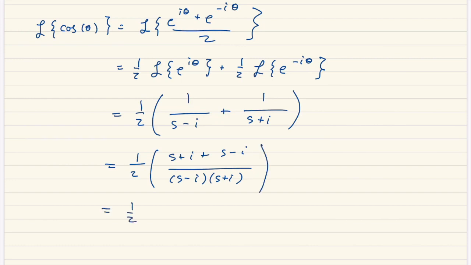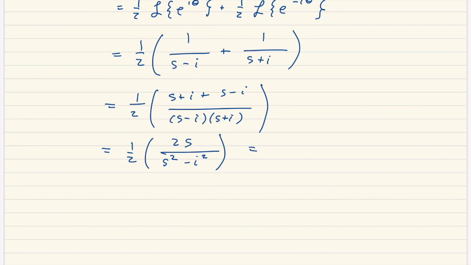And so that's going to be 1/2. In the numerator, the i's cancel. We end up with 2s. In the denominator, we're going to have a difference of squares. We're going to have s squared minus i squared. And so the 2's cancel. We end up with s over s squared plus 1, because i squared is minus 1.